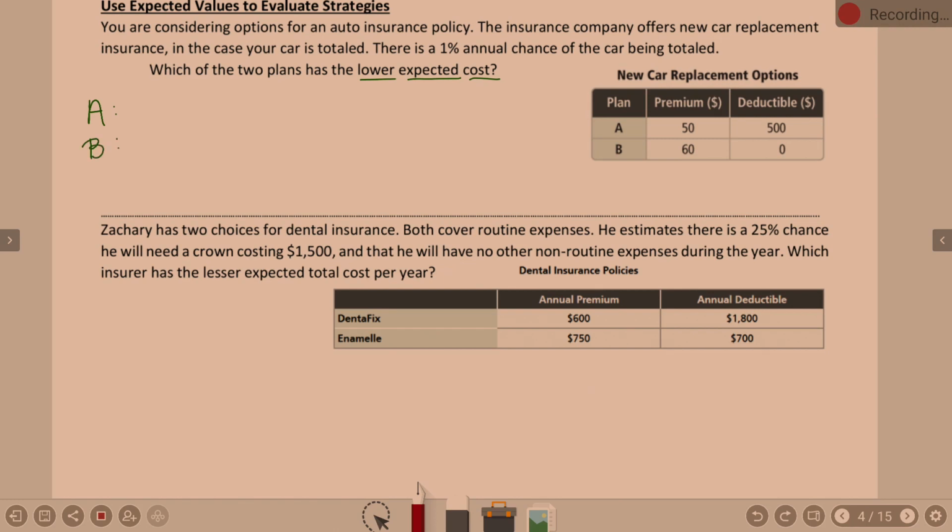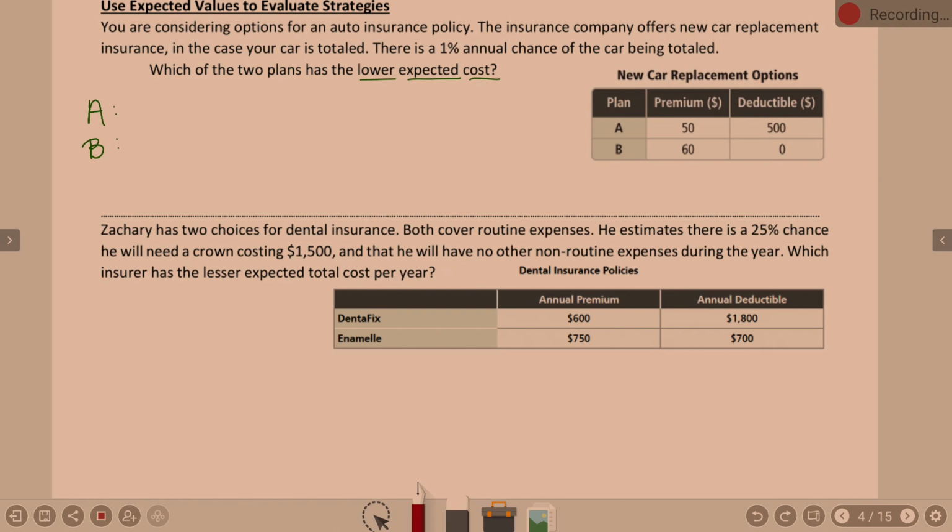Now, with that in mind, what do we know? Plan A, there is a $50 premium. Okay, premium being what you pay, however often they ask you to pay it, right? We have a $50 premium.